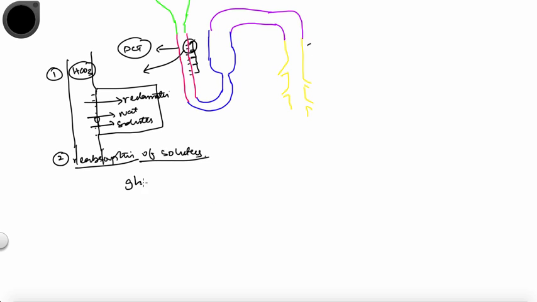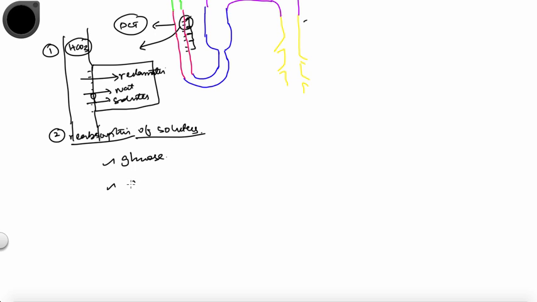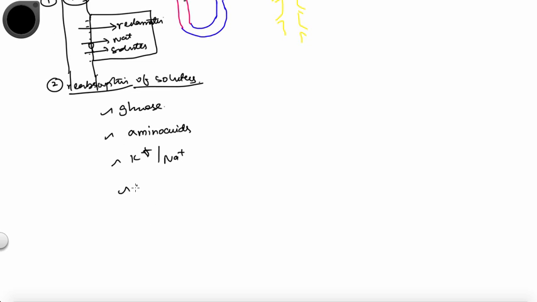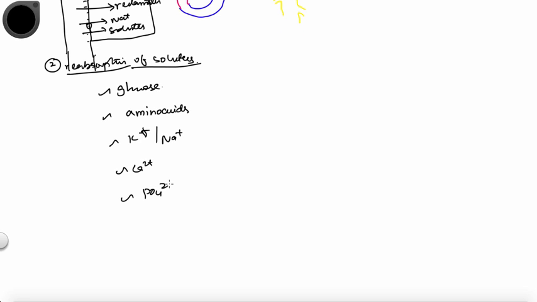A lot of solutes and nutrients like glucose, amino acids, potassium, sodium, calcium, phosphorus, these are the most important ingredients that are maximally absorbed.